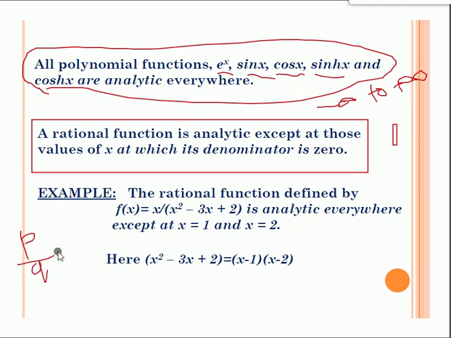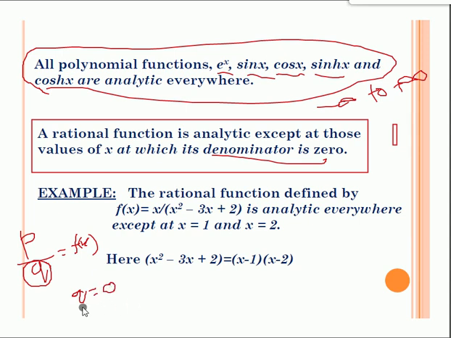It will be analytic except at those values of x at which the denominator becomes 0. First of all, set the denominator equal to 0. Excluding these points, that function will be analytic everywhere.